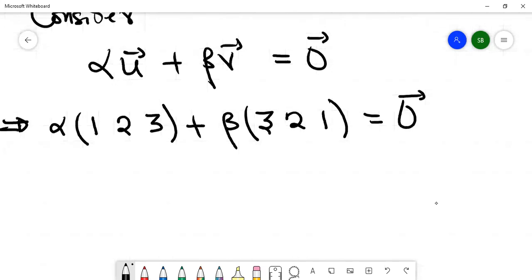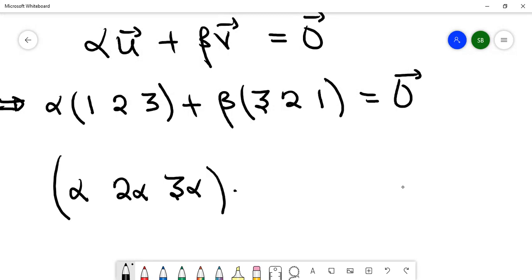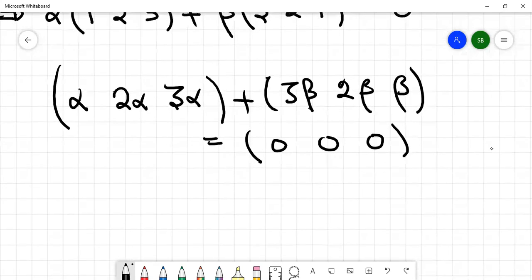Before writing it in component form, we can write this as alpha, 2 alpha, 3 alpha, plus 3 beta, 2 beta, beta, equal to the right-hand side, the 0 vector, which is 0, 0, 0.